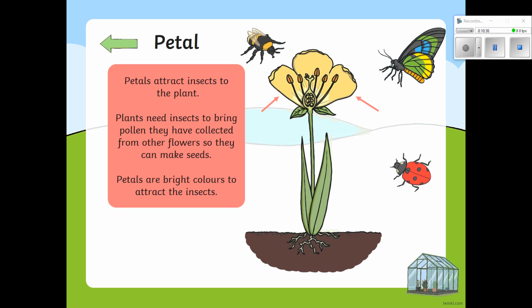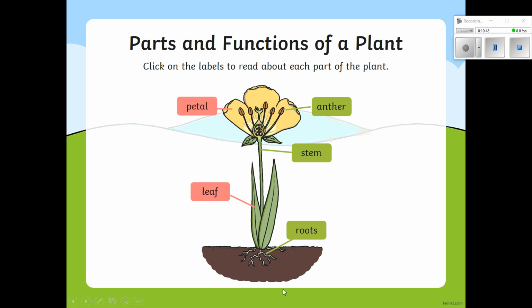And petals are often bright colours so that they attract the insects. So a lot of the time when we've got flowers, we might see blues and oranges and pinks and reds, nice bright and pretty colours. Okay, so we know in a plant like this, in a flower, we have the roots, the leaf, the stem, the anther and the petal.